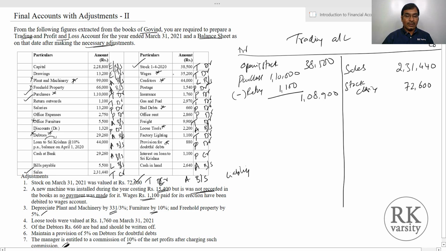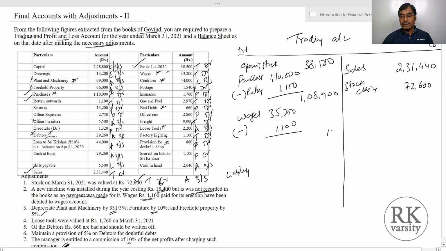Then look at the trading account. Sales are already entered. So here you have wages, and it has an adjustment. Wages is 35,200, minus your adjustment, wages of 1,100 paid for erection that has been debited. So less 1,100.